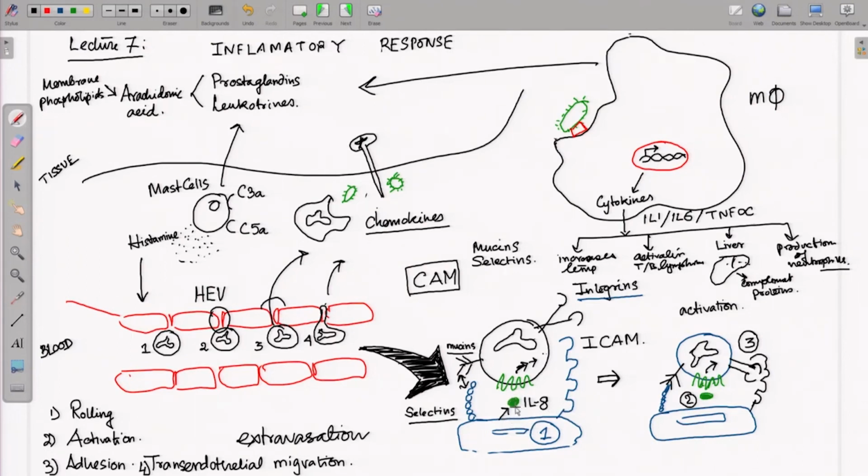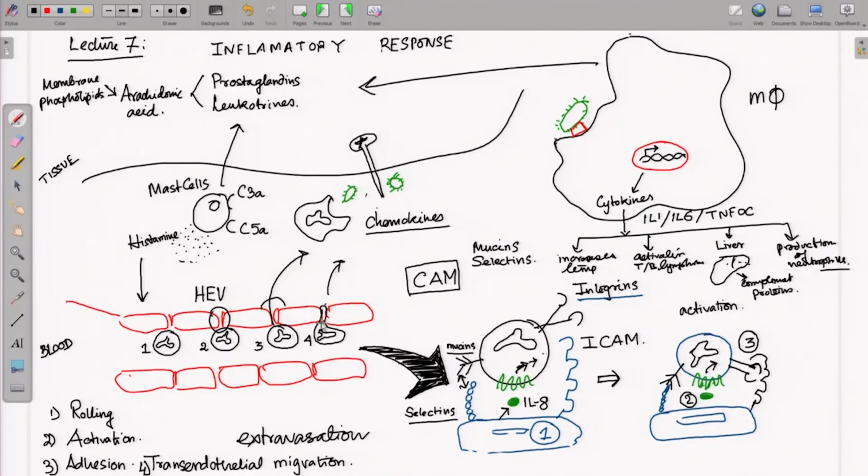When this chemokine binds to its receptor, it leads to a conformational change of the integrins, facilitating their binding to the immunoglobulin superfamily of cell adhesion molecules present on the endothelial cell. This leads to the third step, adhesion, and then the fourth step, trans-endothelial migration, and by that they migrate to the tissue.